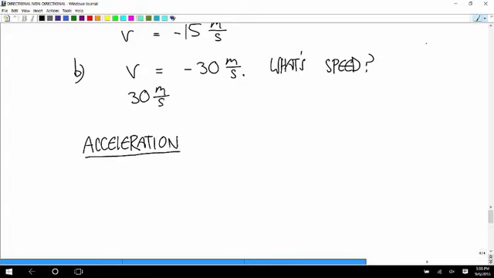So the last quantity we have to talk about, the last directional quantity, is acceleration.